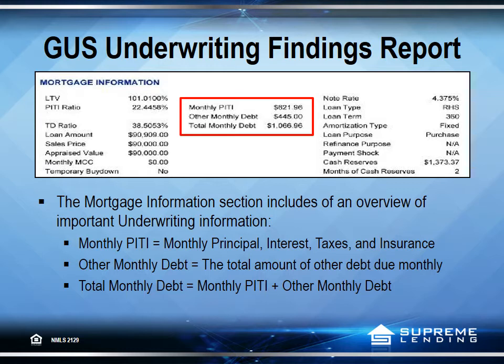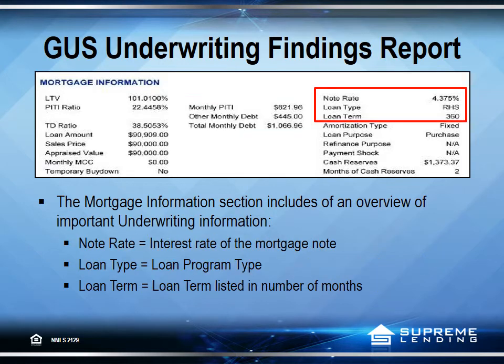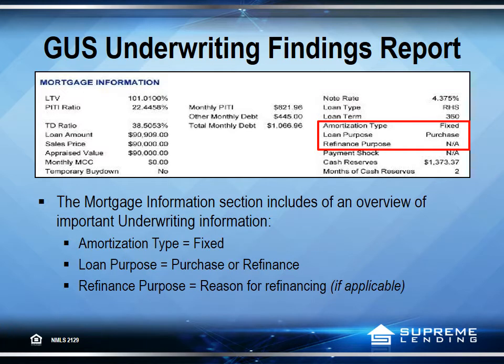The total monthly debt equals the monthly PITI and other monthly debt added together. Also included is the note rate, loan type, and loan term listed in months. The amortization type, loan purpose, and refinance purpose are also located here in the mortgage information section.